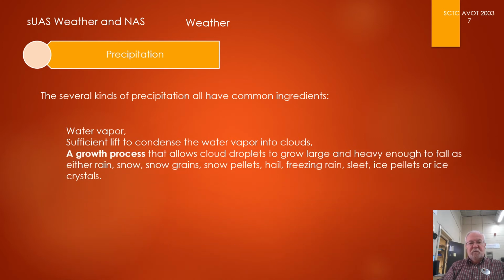And then you've got to have a growth process, because if the atmosphere was perfectly pure, there would be nothing for these water droplets to cling to. So you need a growth process, with a lot of updrafts to keep these moisture droplets suspended long enough to freeze into hail or sleet or whatever form, and also for even just the raindrops to turn into rain, right?